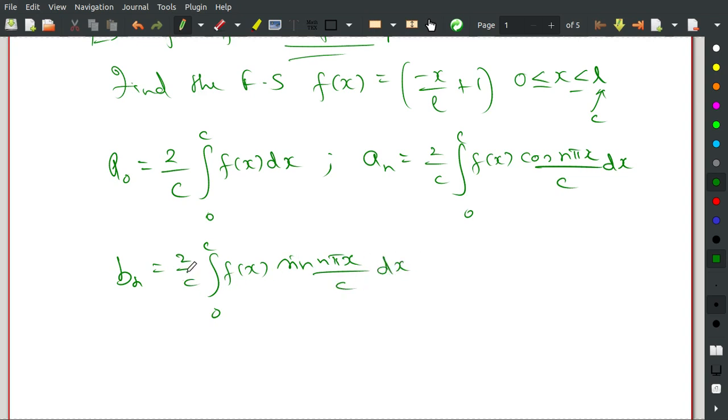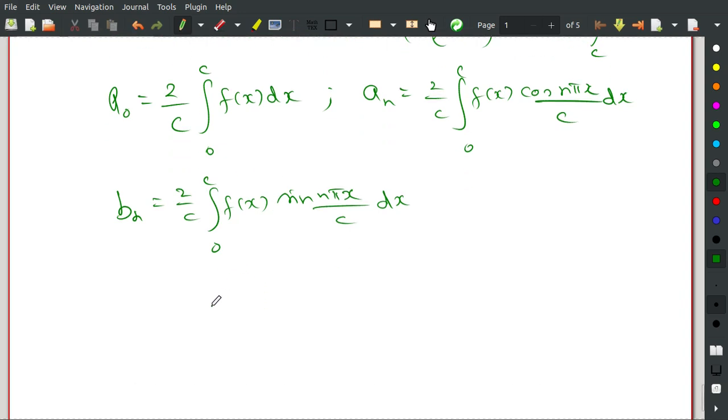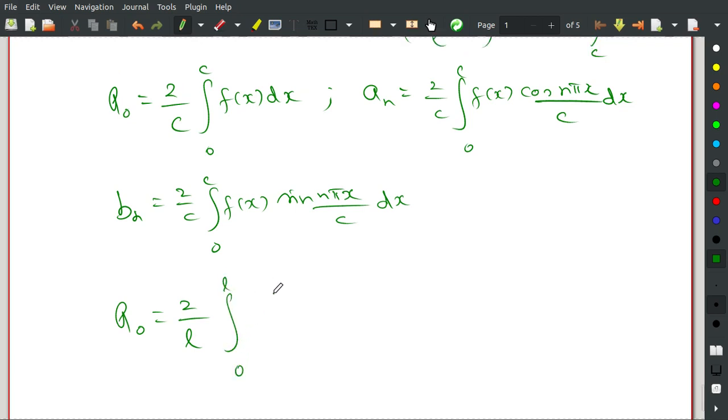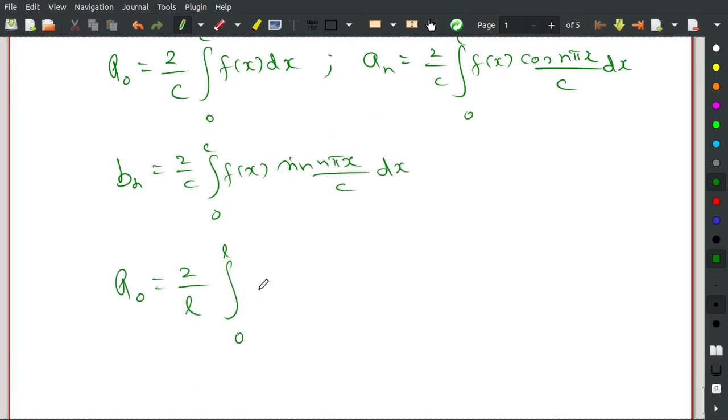The change is only here, the range is not from 0 to 2c, instead of 2c we have c. So if we substitute this, we have a naught equal to 2 by L, instead of c we put L, integral 0 to L, and our f of x is minus x by L plus 1 dx.